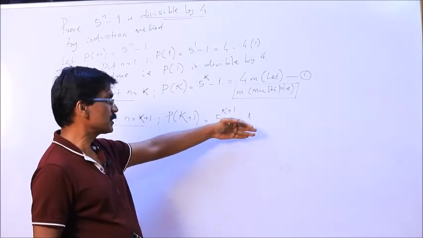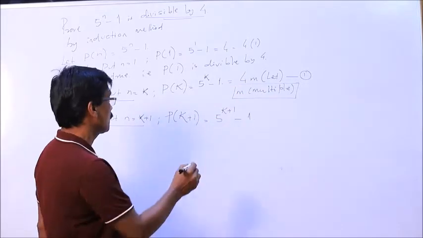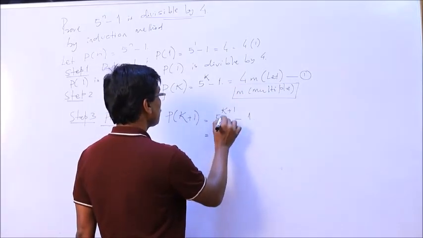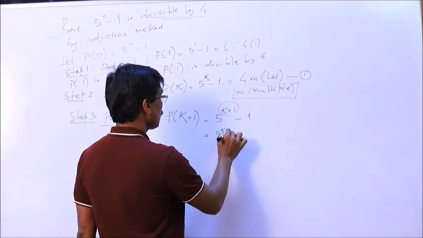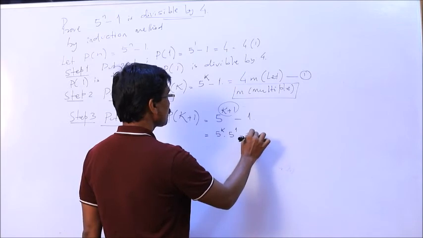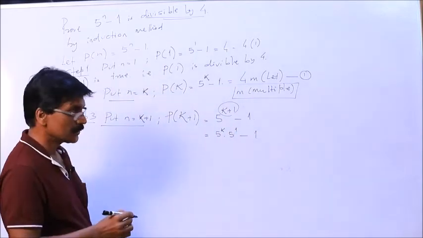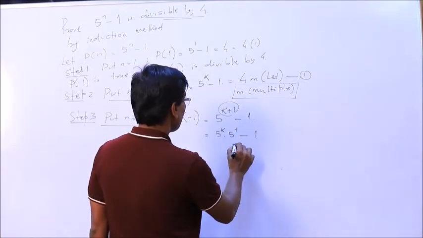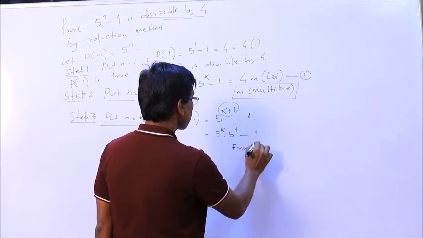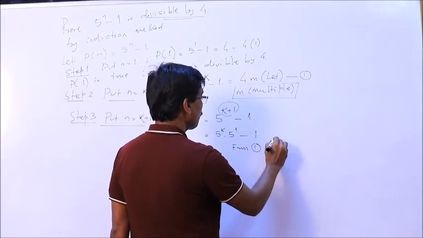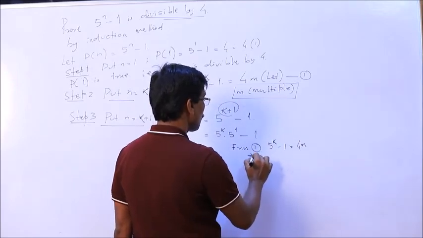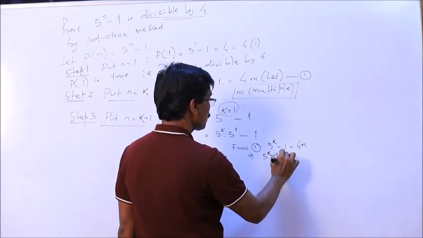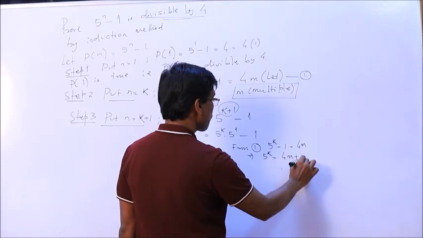We have to prove this is divisible by 4. Now, we express it as 5 to the power k plus 1, that is equal to 5 to the power k into 5 to the power 1 minus 1. From equation 1, 5 to the power k minus 1 is equal to 4m. So, 5 to the power k is equal to 4m plus 1.